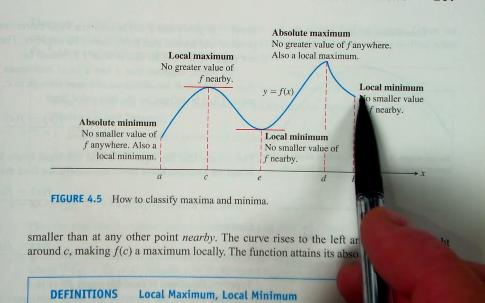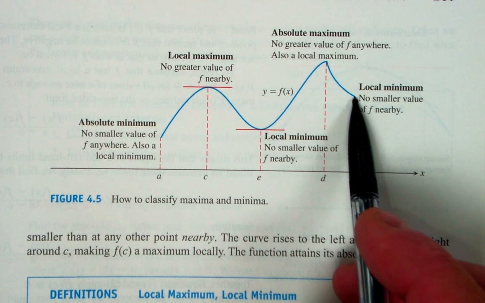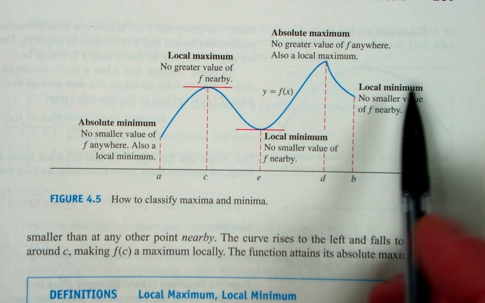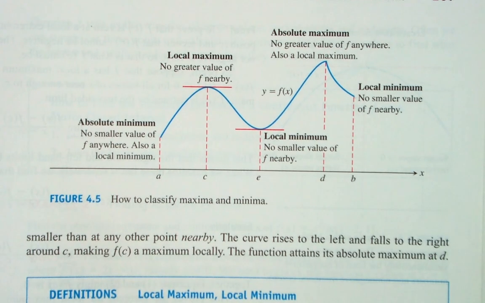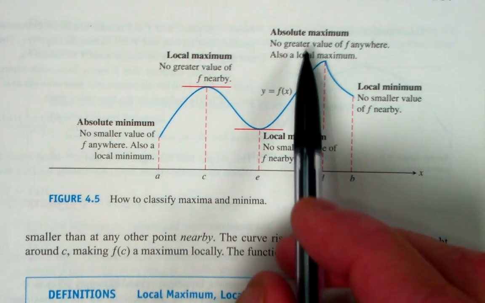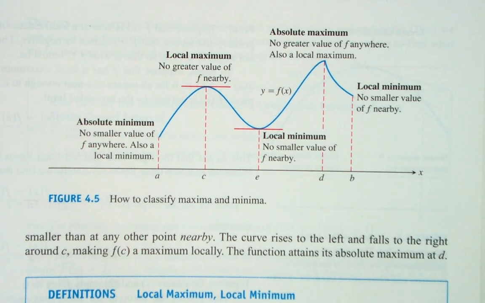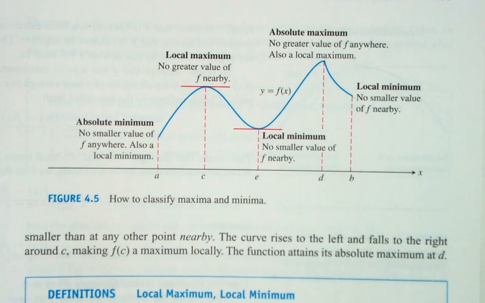This is a local minimum. Because it's in that interval, and I can use that point because we'll say that the interval includes that endpoint. This one's an absolute maximum. How come? On the whole thing. This one's absolute minimum because nothing's lower on the whole thing.